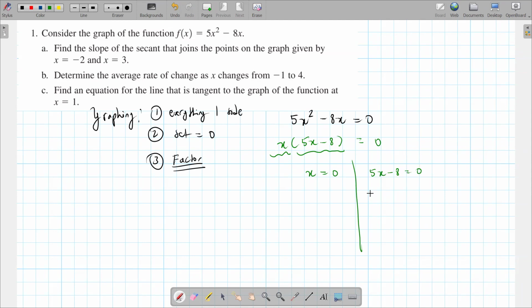Like that. And when you do this, you will get the 2 x-intercepts. So one of them is 0 from the first term. The other one is 8 over 5, which is 1.6. So we have the 2 x-intercepts. Are we good so far? We're just trying to graph a quadratic, right? What's the y-intercept here?